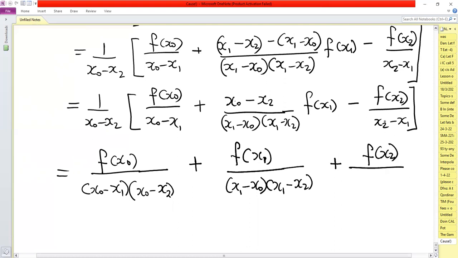Remember when I factor out negative here, I'll have this sign as plus, x2 minus x0 and then x2 minus x1. So the positive sign is coming now, because I'll have x0, x2, x2, x1. Factoring out, I can arrange this one as x2 minus x0. So this is what I'll have.